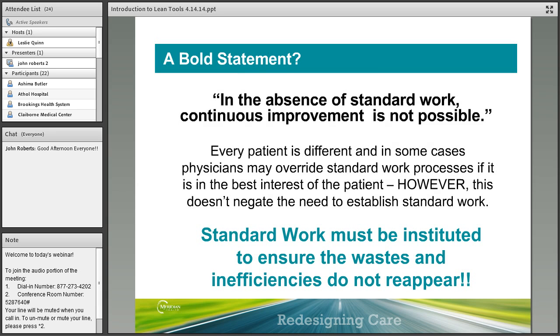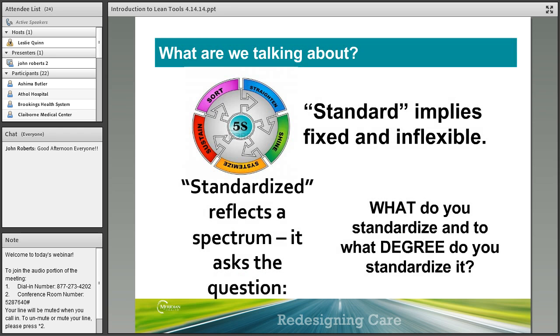Again, with the absence of standard work, continuous improvement is really not possible because we can never have a process that doesn't have variation in it. And when we get variation in it, that's when we begin to have more waste and inefficiencies in the process. So standard implies, when people think of standard, they think of something fixed and inflexible.